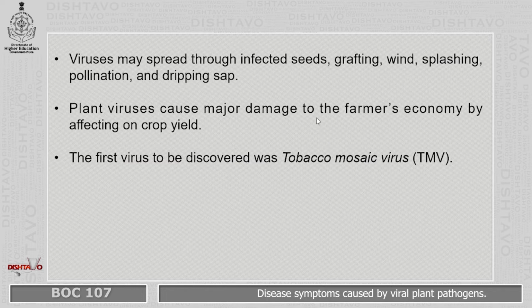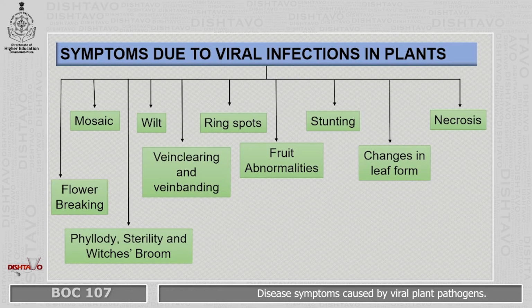Now, symptoms due to viral infections in plants: there are several symptoms. One is mosaic, wilt, ring spot, stunting, necrosis, flower breaking, vein clearing and vein banding, fruit abnormalities, changes in leaf form, phyllody, sterility and witch's broom. We'll see each of these symptoms in detail.